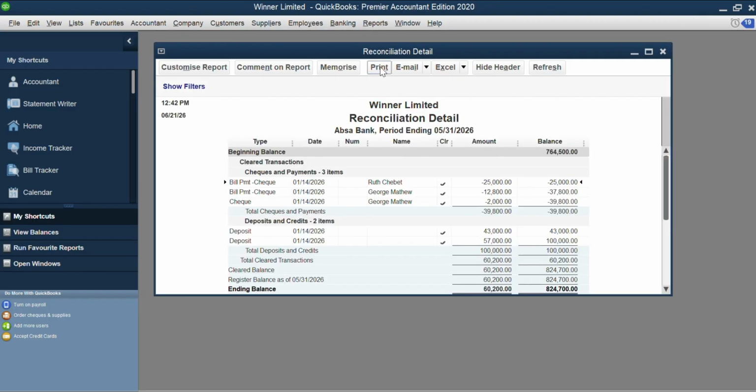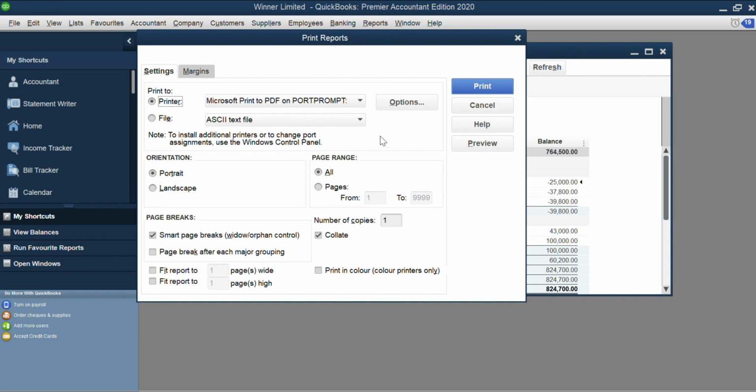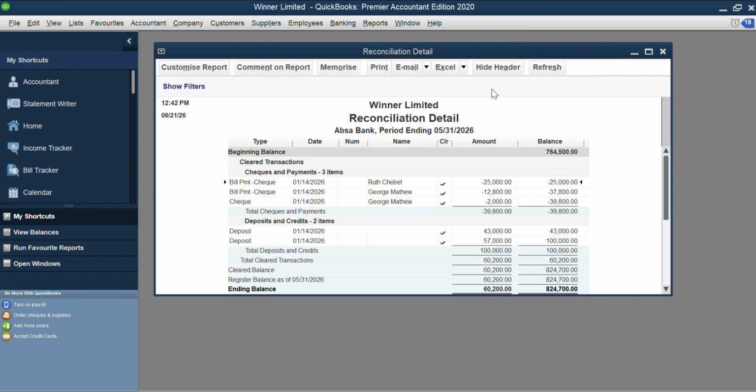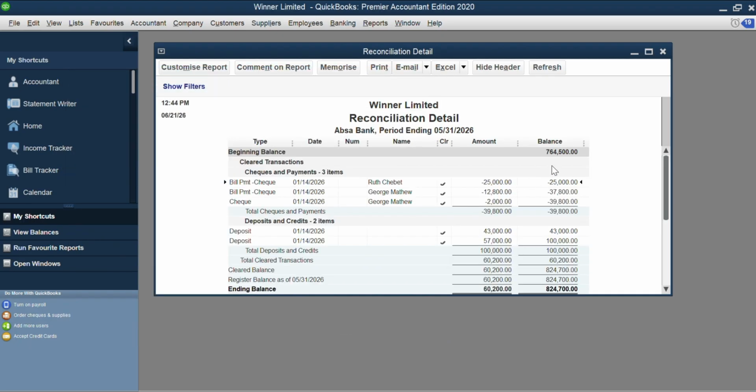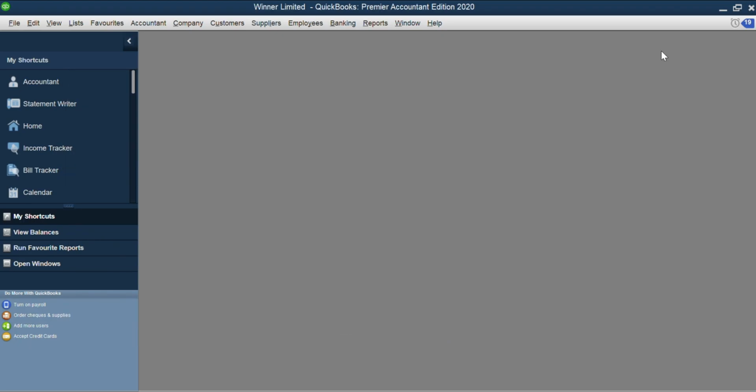You send them so that they can see what you are supposed to do. Here we are just doing a printing of PDF. So that is how a bank reconciliation is done.